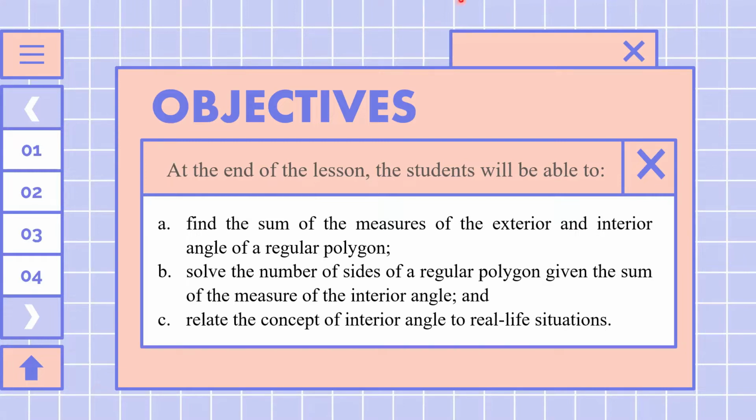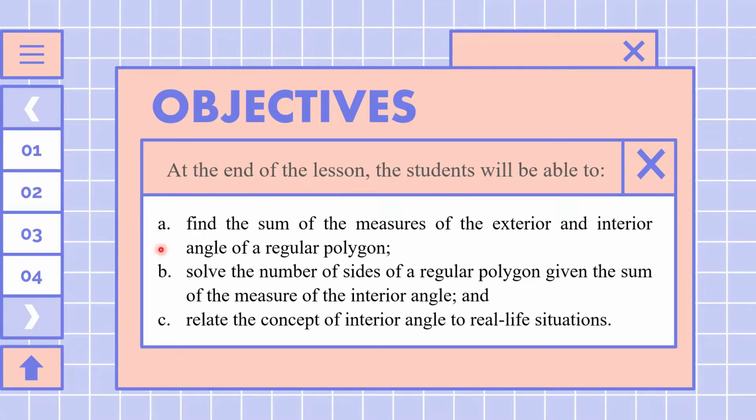B. Solve the number of sides of a regular polygon given the sum of the measure of the interior angle. C. Relate the concept of interior angle to real life situation. Okay, thank you, Zion. Very good.